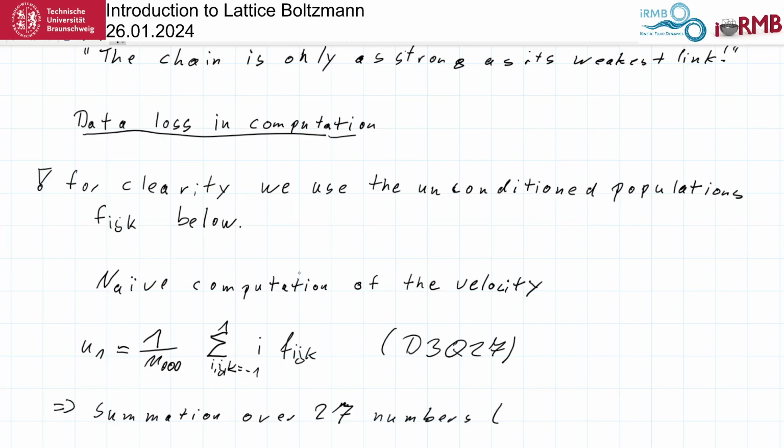Actually, we have a little less, because this i is sometimes 0. 9 out of 27 times it's 0. So of course you recognize that we should leave the ones that are 0 out.